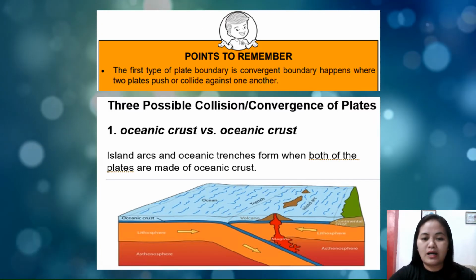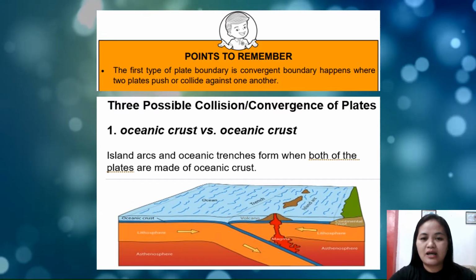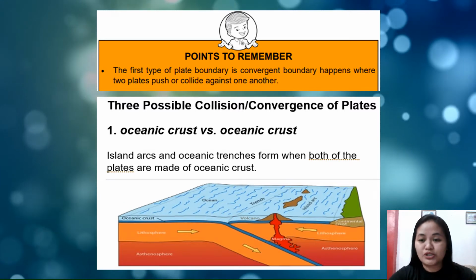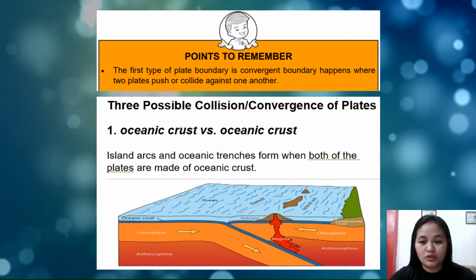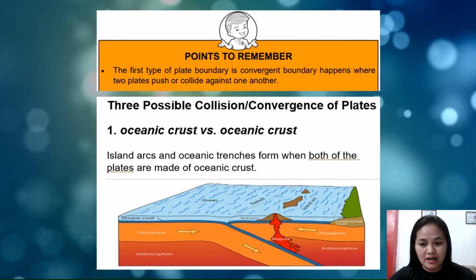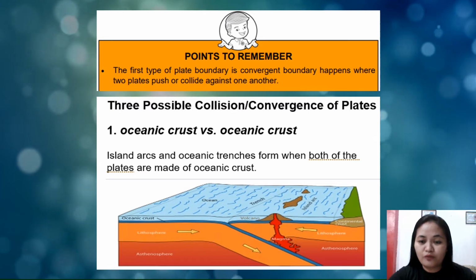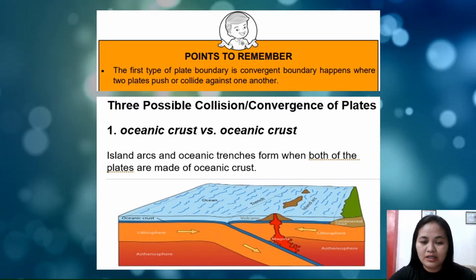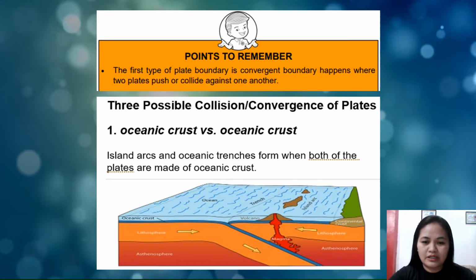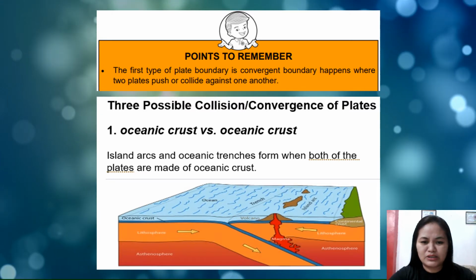Ito yung paglubog ng lupa tuloy-tuloy hanggang makarating sa mantle. Kapag nakarating sa mantle, matutunaw siya kasi sobrang init doon. Kapag natunaw, anong nabuo? Magma. At kapag may magma, natural, ang mabubuong landform or anyong lupa is syempre volcano. Follow my highlighter. May magma sa ilalim, kaya merong bulkan sa ibabaw.